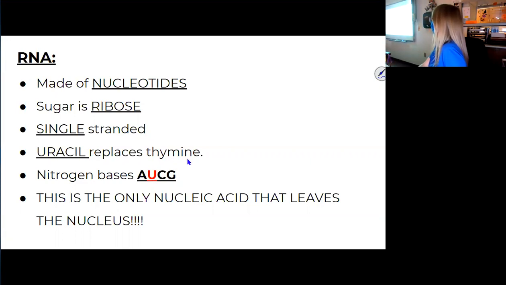And we're gonna get rid of thymine, and instead we're gonna have uracil. So now our A is gonna pair with a U instead of a T. So here's our 4 bases, A, U, C, G. And now this is the nucleic acid that can actually leave the nucleus, because remember, it's just partial information. It's just a disposable copy, and it's just a section. It's not all of it. It's just that section of DNA. It's not all of it, okay?